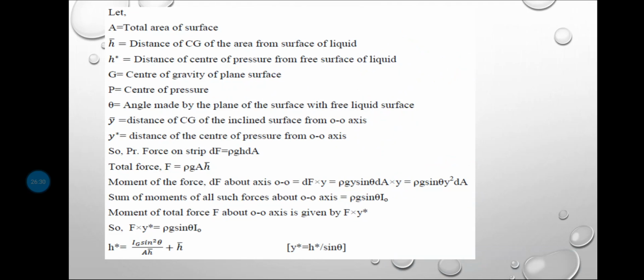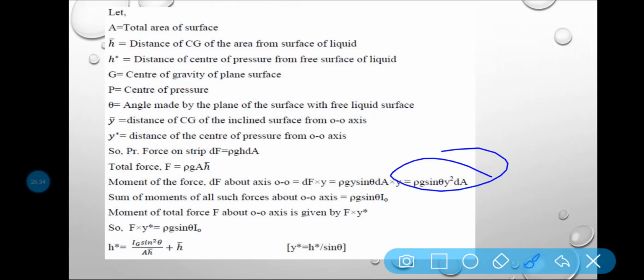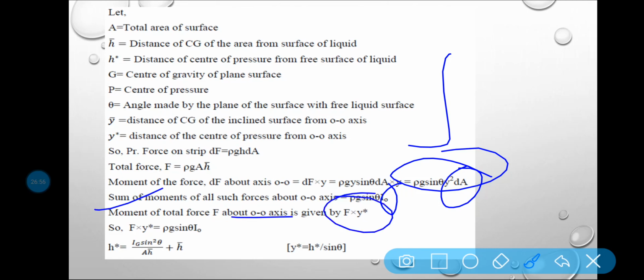Now you can see the sum of the moment. If I want to calculate the total, that means integration, the sum of the moment is equal to rho g sin theta I, because y square dA is your moment of inertia. So moment of inertia I already have. Now the moment of the total force F about this O axis, F into y star, when we are calculating the center of pressure.